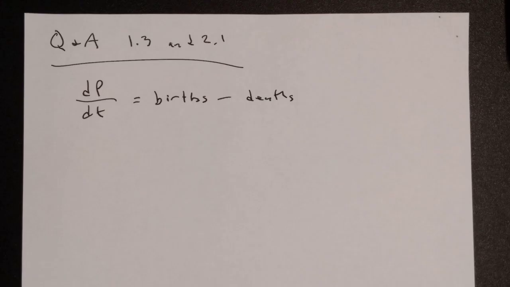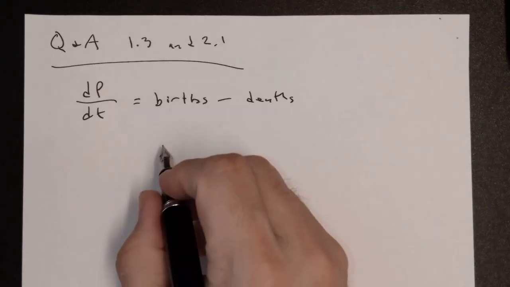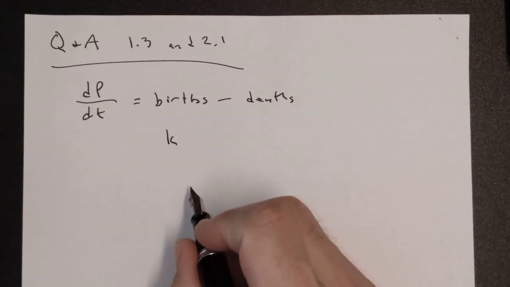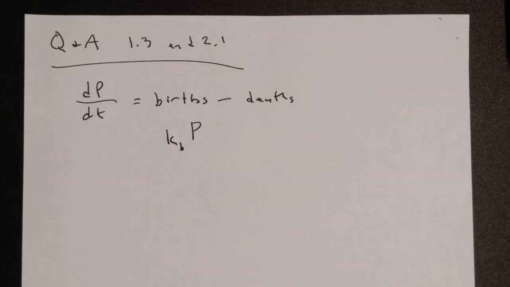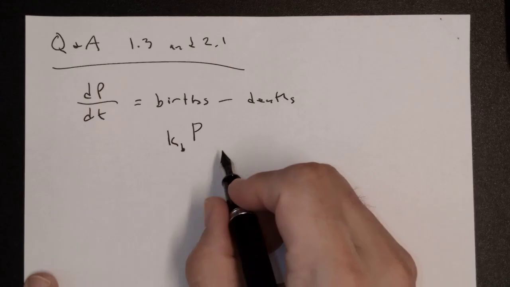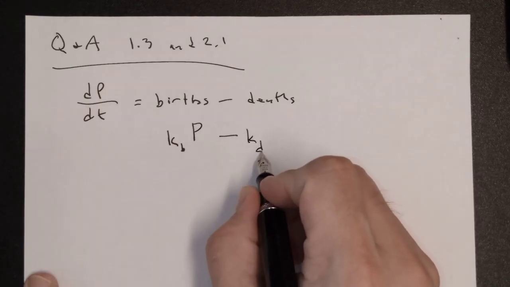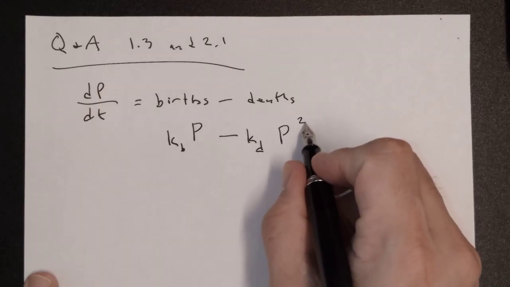But now we're told specific things. Births are proportional to problem 3. So there's some constant for births times the population. And what about the death rate? So there'll be some other constant and the population squared.